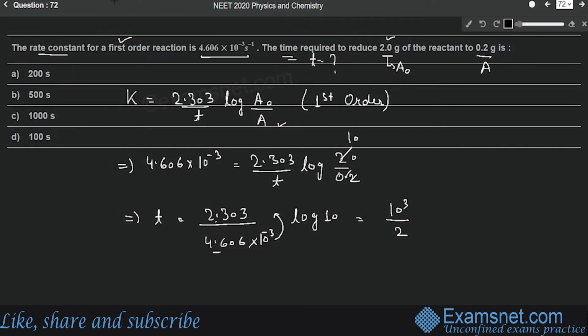So this will be equal to 1000 divided by 2, that means 500. And the unit will be second for time. So option B will be the correct answer. The time required is 500 seconds.